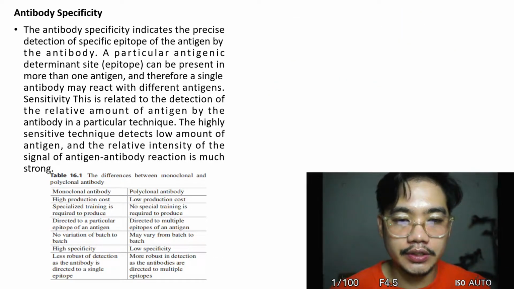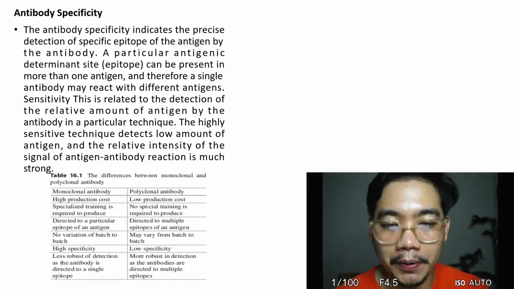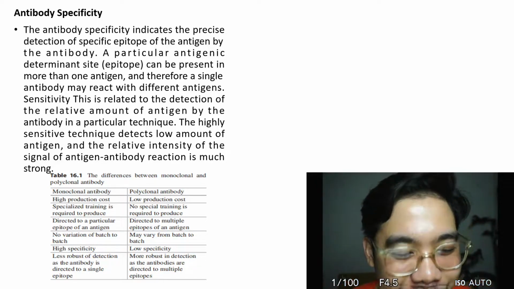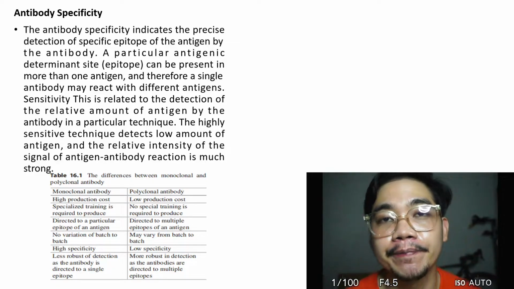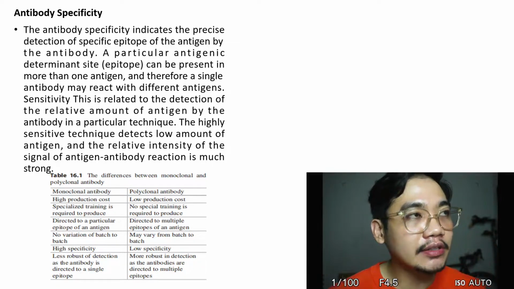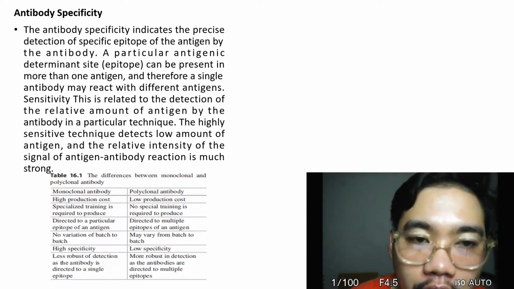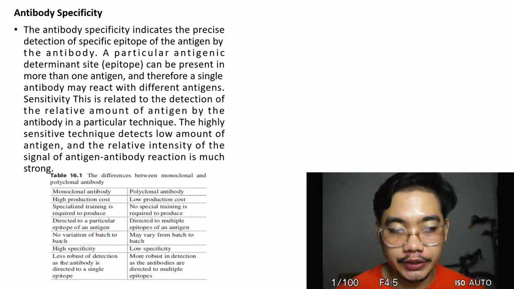So antigen specificity. The antibody specificity indicates the precise detection. Like I said earlier, it's the most precise, the most specific chemical reaction in all of biology, the antibody antigen reaction.